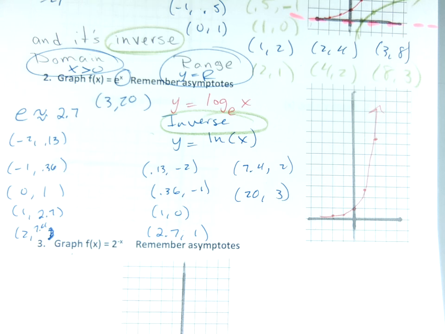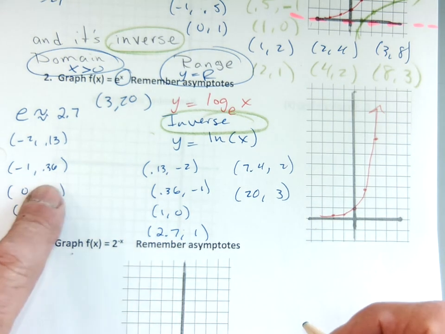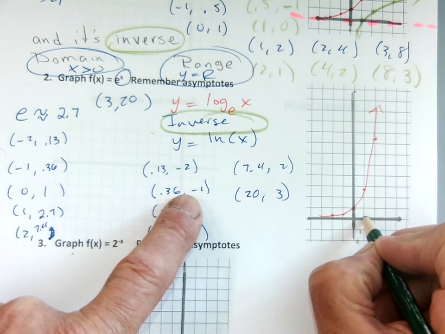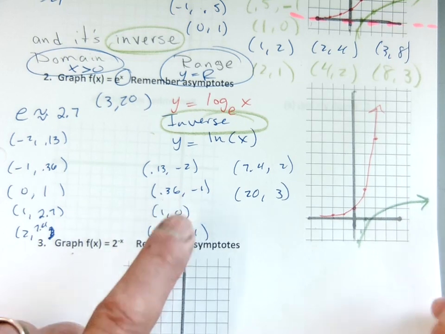Yes, great question. Okay, and I'm going to start trying to graph this one so you guys can see it. So I'd have it at, looks something like that. Very similar, isn't it?